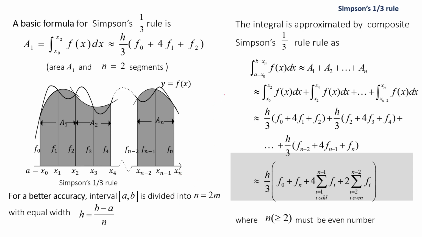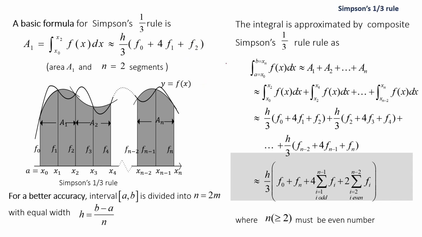We want to do the integration of f(x) dx from a, which is x0, until b equal to xn, by approximating the area below the curve using A1, which consists of two segments, A2 of two segments, until AN. In each area you use this basic formula, which is h/3 [f0 plus 4 f1 plus f2].